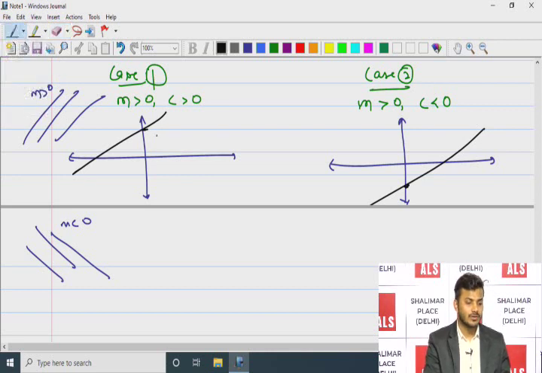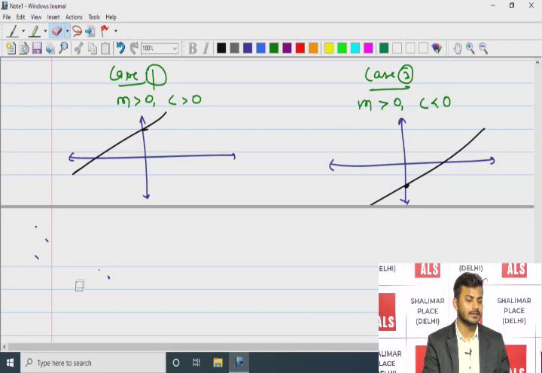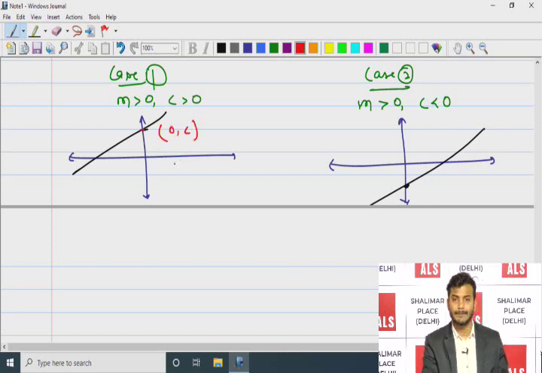Further, what is the coordinate? Can you tell me what is the coordinate in the first case, coordinate in the second case? Very much important. See, the coordinate of this point is 0, C. How are we getting this? By making x equal to 0, because on this y-axis, the x coordinate is always 0.